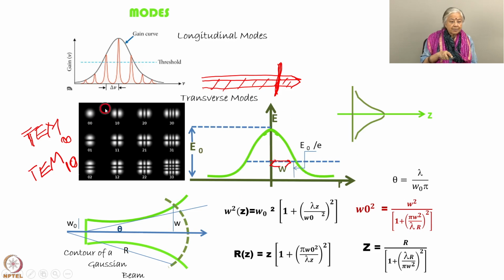So, I am concentrating mainly on this TM00 mode only, I am not talking about these parts. Okay. Because this is the most conventional and quite often we would like the laser to have a TM00 mode. You know, these have their advantages and disadvantages. So, let us concentrate only on this. Okay.